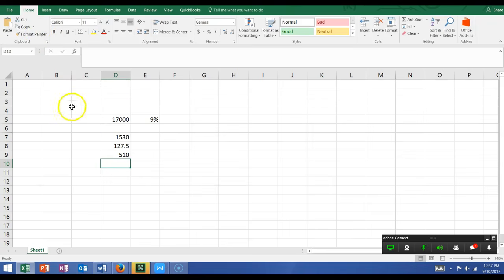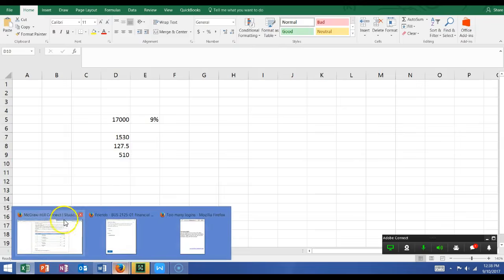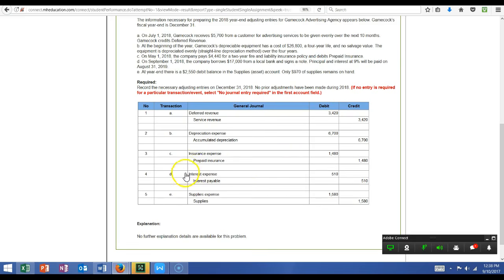So $127.50 per month times 4 months of interest for this year means we need to accrue interest of $510. So we debit our interest expense for $510 and we credit interest payable for $510.